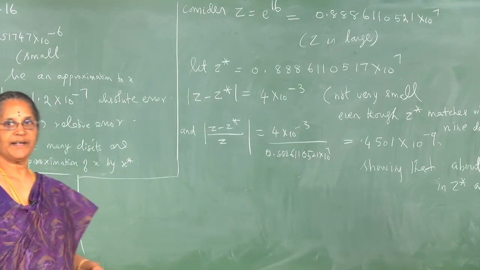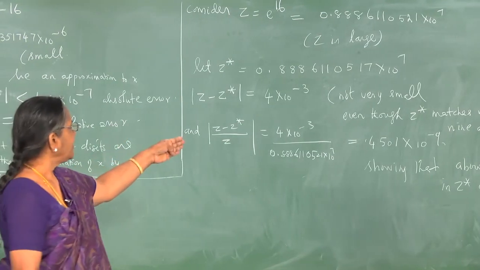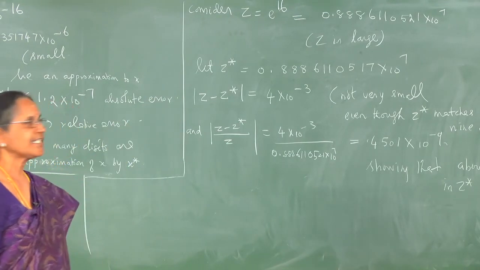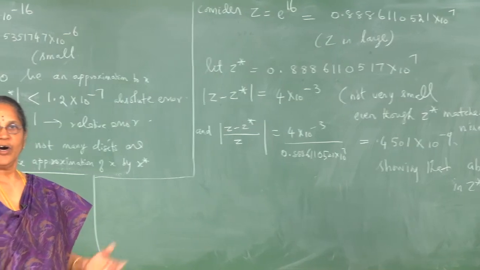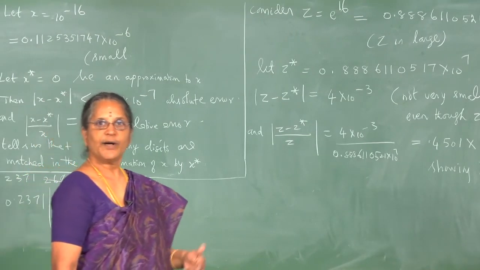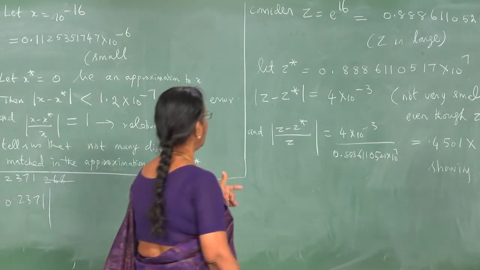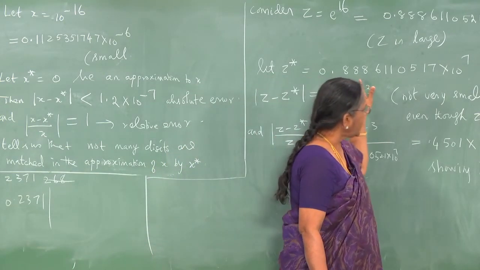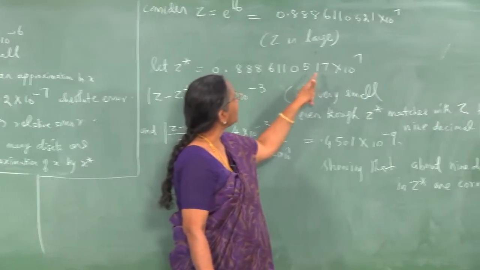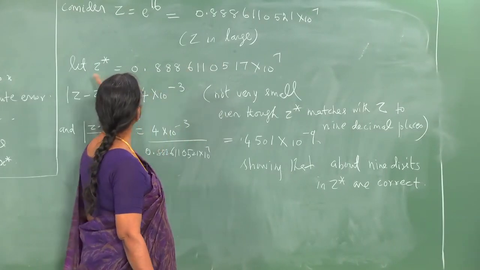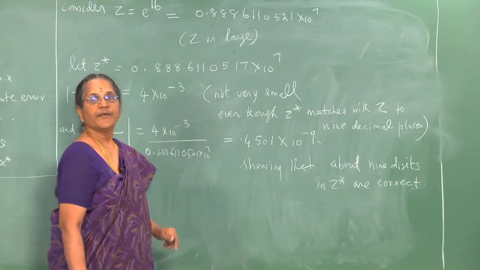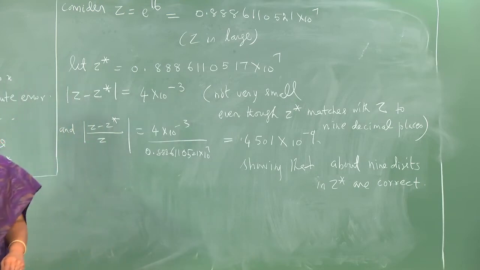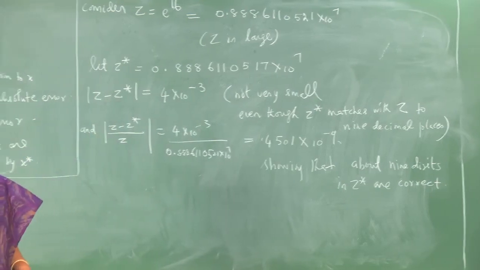That does not happen. It is not small, even though z and z star match up to 9 digits. On the other hand, if you compute the relative error, it clearly shows that the 9 digits are correct in approximation of z star, right, taking the true value as z.